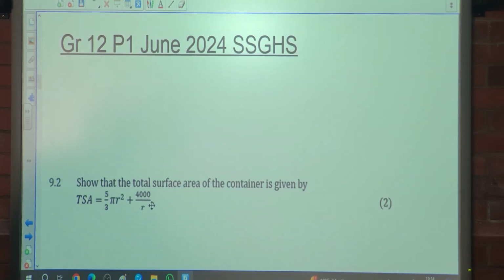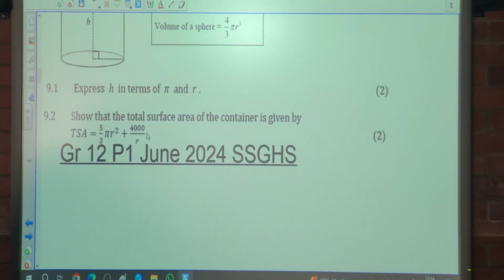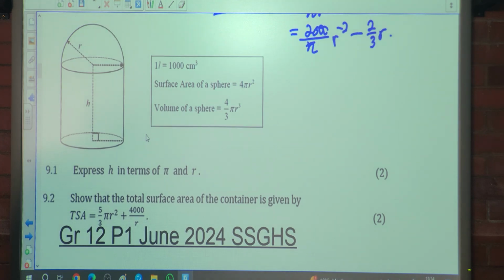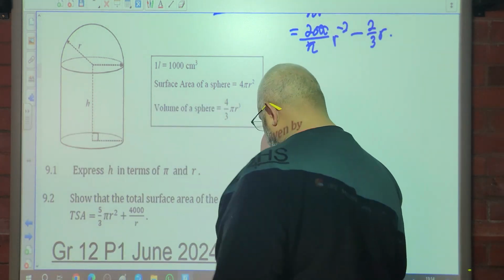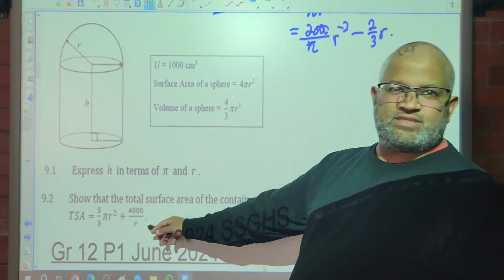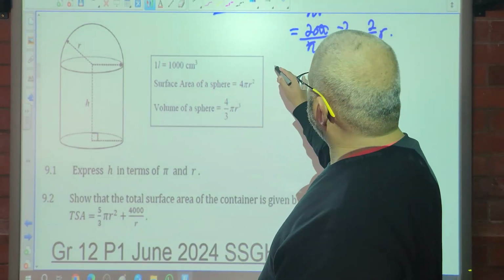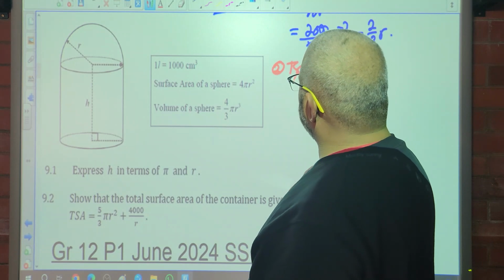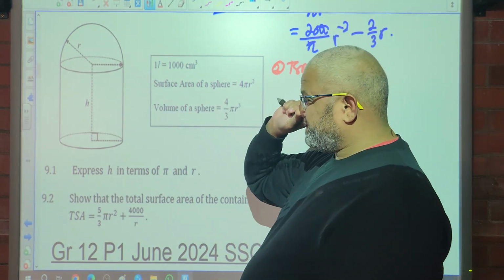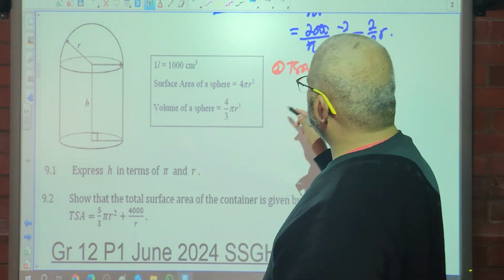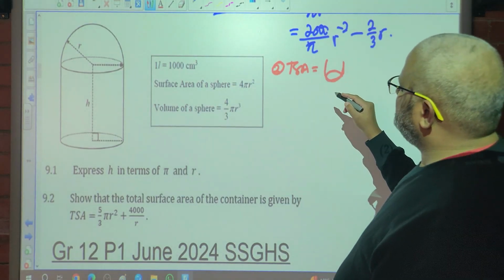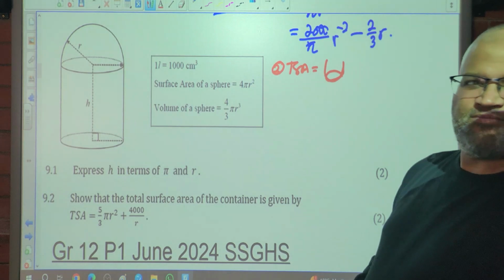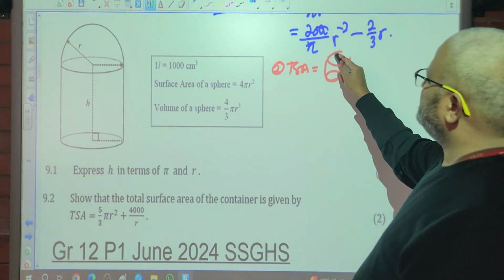Look at the second question. It says show that the total surface area can be written as that. Note here that there is no height in this. The total surface area is going to be perimeter of base times height plus twice area of base. So it's going to be the total surface area of the cylinder excluding the top.